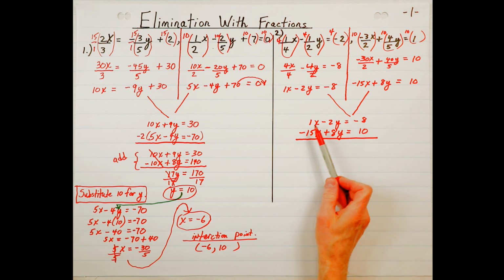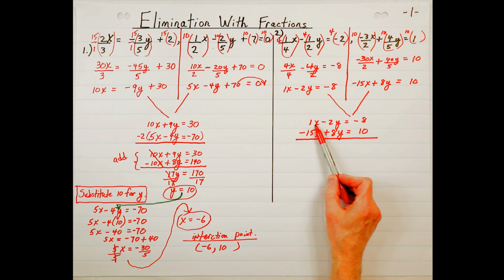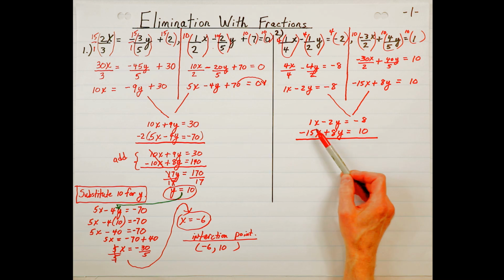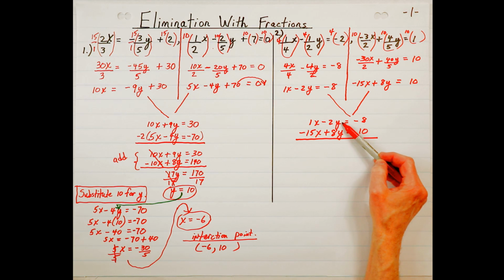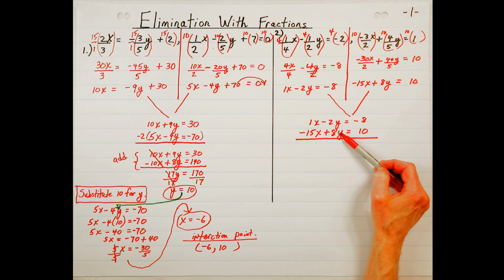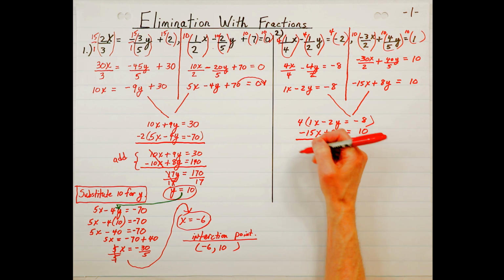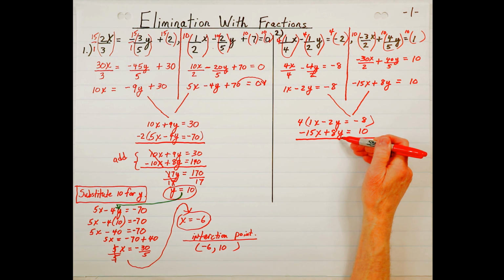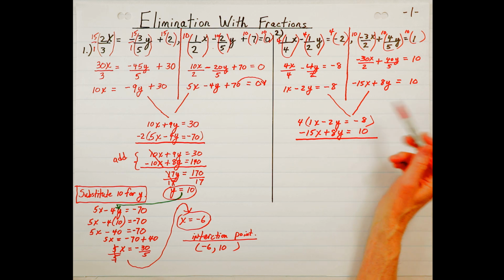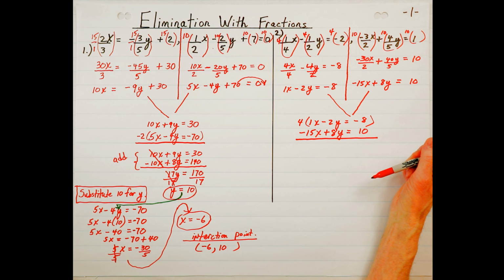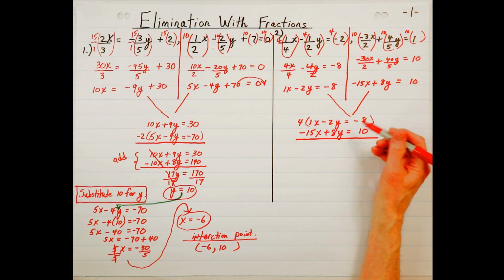Now, we could multiply the top equation by 15, but I don't. If I can multiply by a smaller number, I'm going to do it. So look over here at the y's. If I multiply the top equation by 4 and eliminate the y's, then I don't have to multiply it by 15. Okay, so that's what I'm going to do.